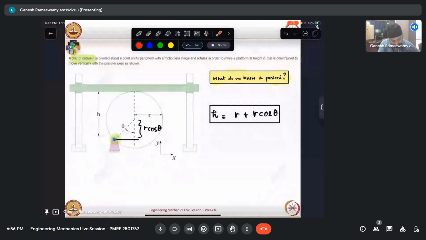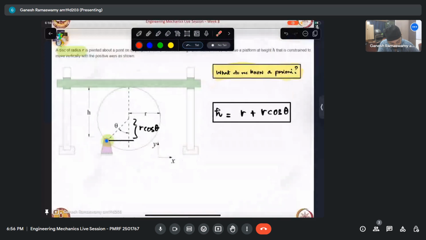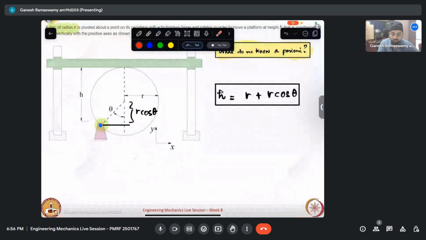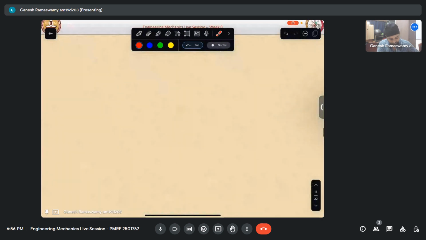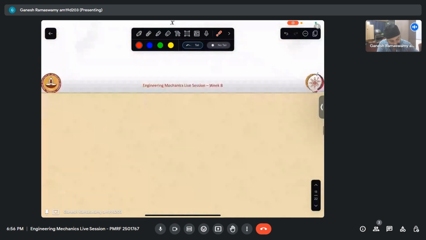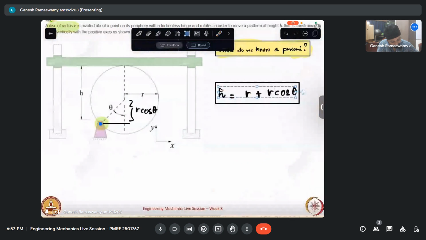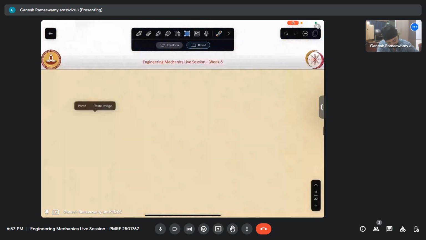So if this is theta, we know how to find the angular velocity of an object. We scribe a line and then we note its time rate of change with respect to a fixed reference. So we have this relation here. This is my geometric relation. So I take the time derivative.